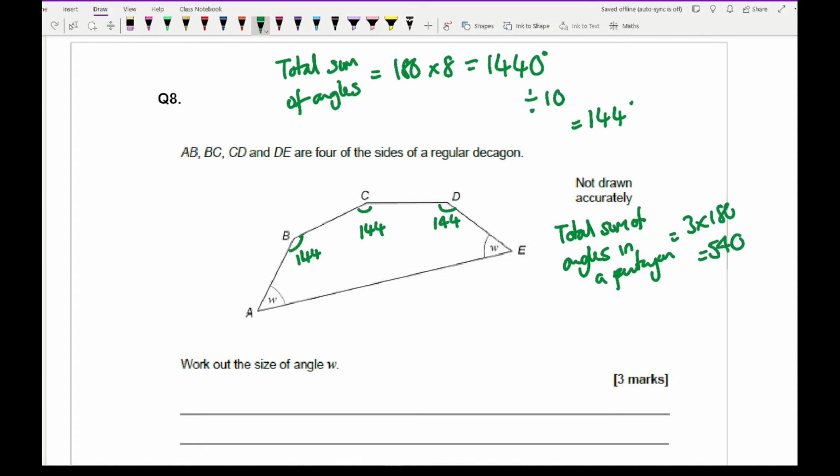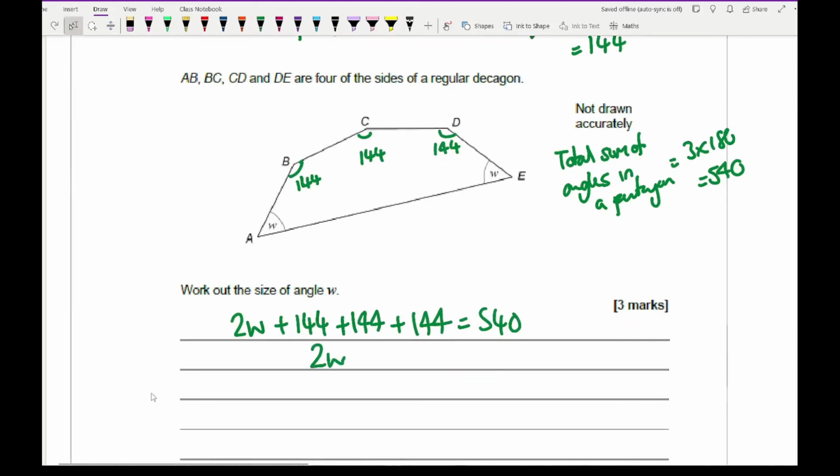So the equation I've got is 2w plus 144 plus 144 plus 144 all add up to 540. 144 times 3 is 432. So I've got 2w plus 432 equals 540. So 2w equals 540 minus 432, which equals 108. And so w equals half of that, which is 54 degrees.